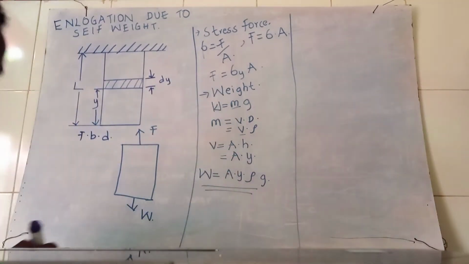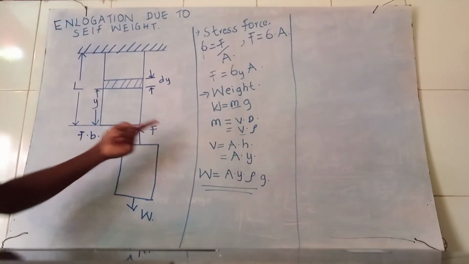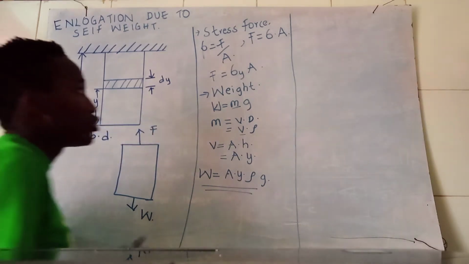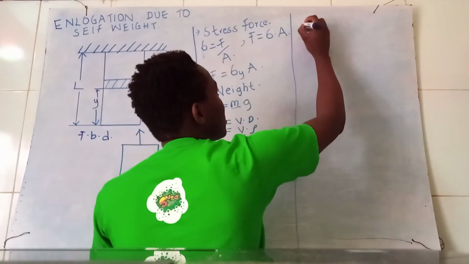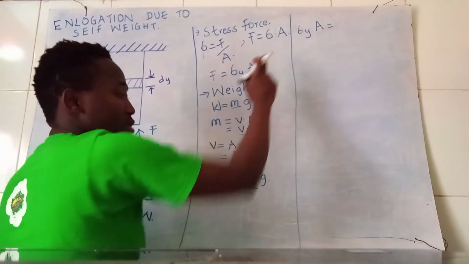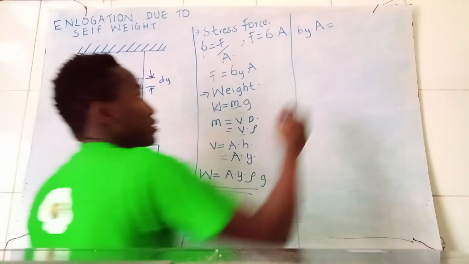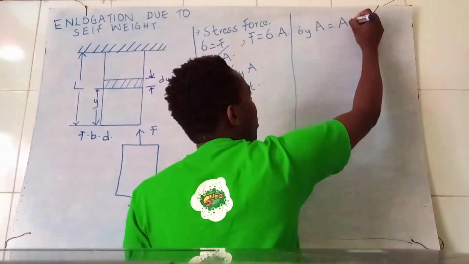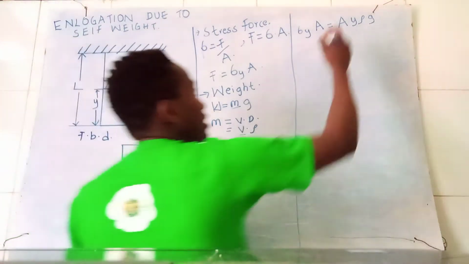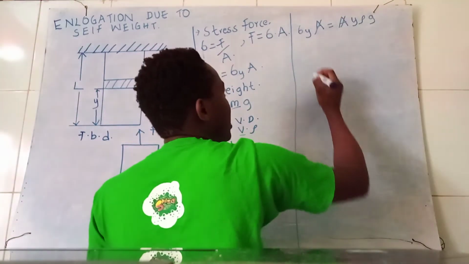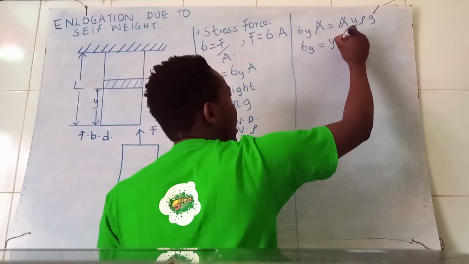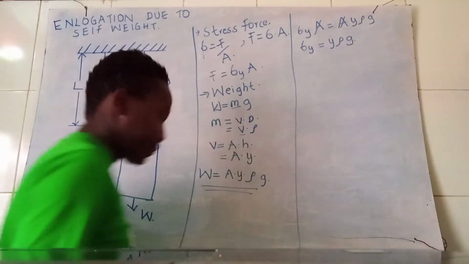After that, we know that upward forces equal downward forces. So the stress force is equal to the force due to weight. That means stress y multiplied by A is equal to the weight force, A y rho g. Simplifying, area cancels out with area, and I'm left with stress y is equal to y rho g.